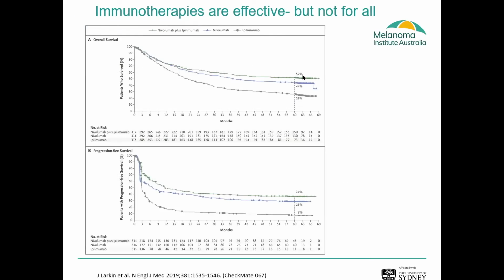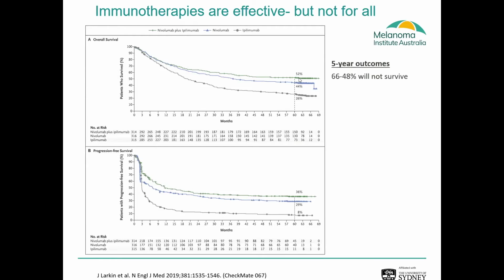Thankfully, we have immunotherapies, which are highly effective in treating advanced disease. These can be either single agent anti-PD-1 inhibitors or a combination of anti-PD-1 and CTLA-4 inhibitors. And melanoma has really driven the use of these types of drugs. What we've found is that while it's highly effective and the majority of patients are achieving a good, long survival, out at 5 years, 52% of patients treated with the combination inhibitors are alive.